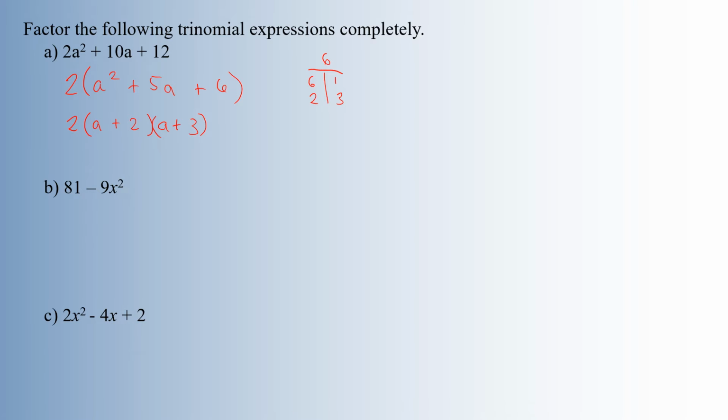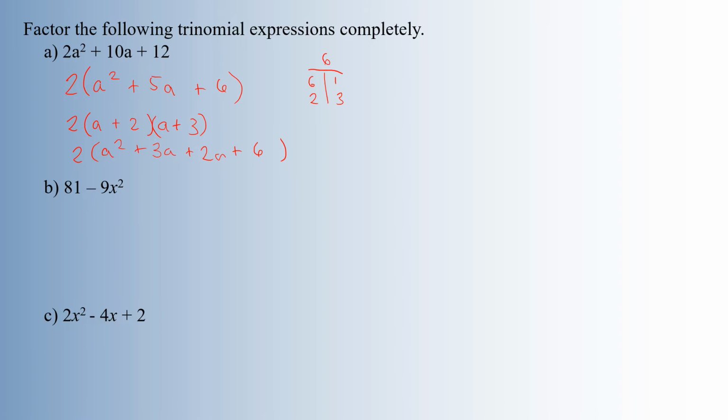We can always check by re-multiplying it. So I could do a times a, well, that's a squared. A times 3, that's 3a. 2 times a is 2a. And 2 times 3 is 6. Keeping in mind we still have that 2 on the outside.